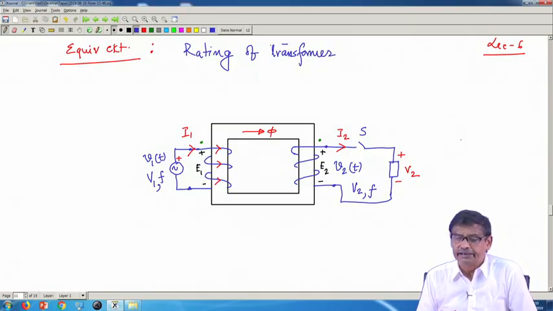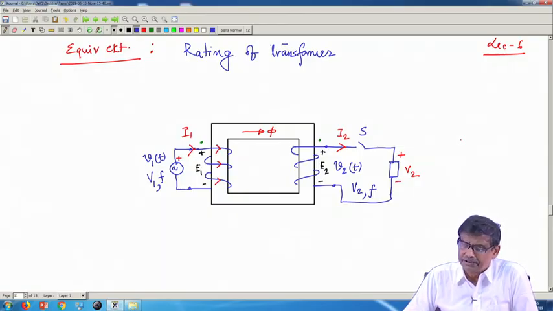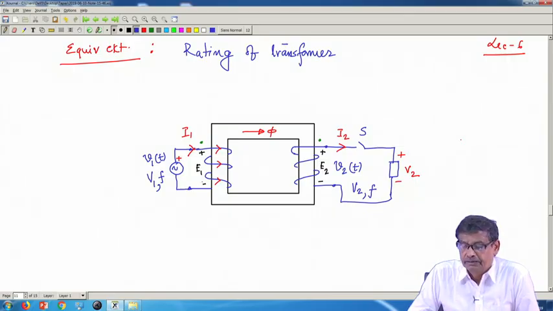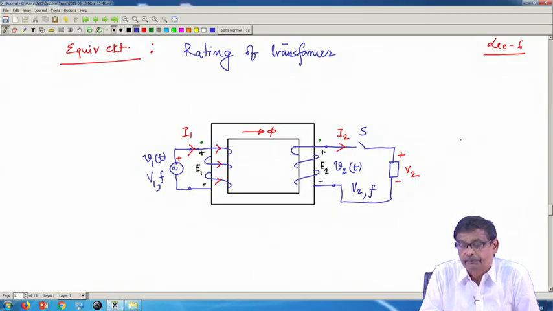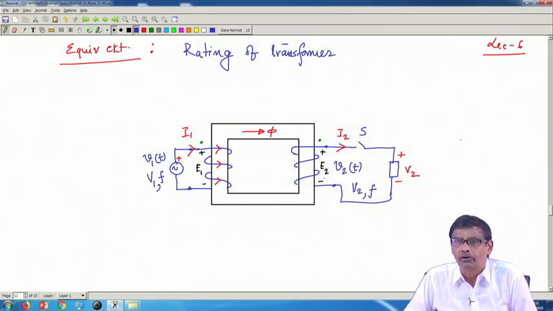If you look at the rating of a transformer, what will be the ratings? The voltage rating of the two sides must be specified. How much voltage should you apply to the primary, how much to the secondary side, and so on.